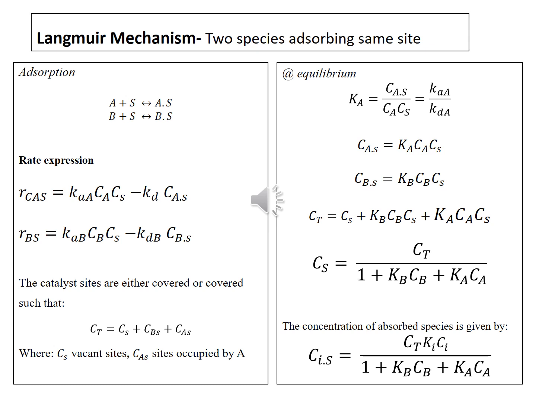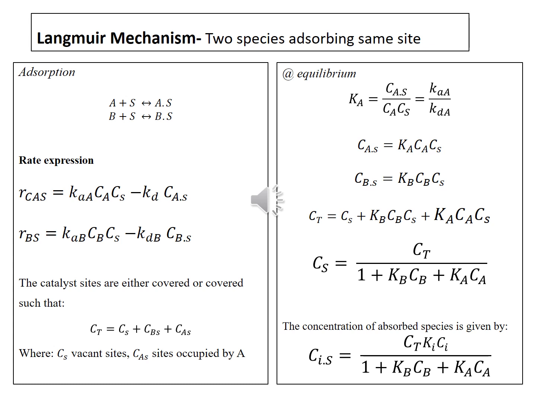And then at equilibrium, we take one equation and deal with the first equation. We'll get that the concentration of A site complex is equal to Ka times Ca times Cs, while for CBS it is equal to Kb, Cb, and Cs.